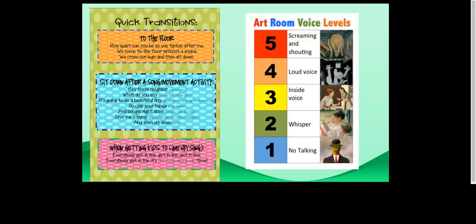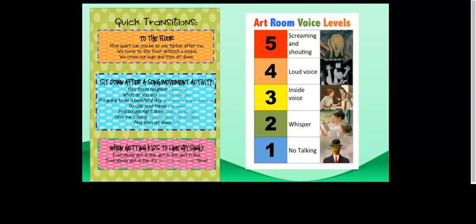There are also some other ways that you can make this a little more exciting for some of the older students. Here's an art room example, incorporating some art into the different levels of the chart: screaming and shouting, loud voice, inside voice, whisper, or no talking.